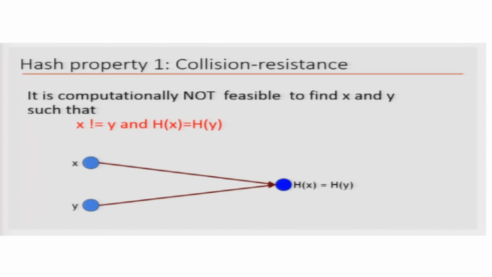I take a hash value and I ask you to give me two strings which are different, but give me the same hash output, and that is finding a collision. A good hash function should have the property that it is not feasible to find such x and y who collide through this hash function.